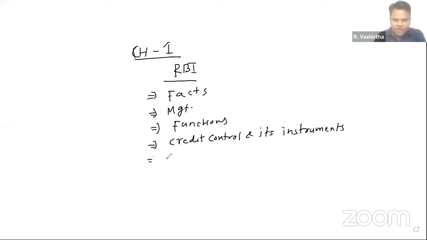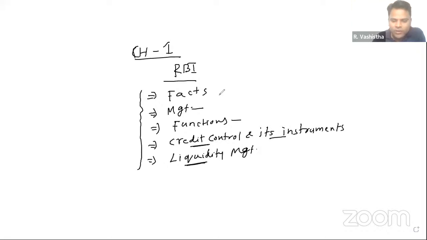And at last, we'll discuss liquidity management conducted by the RBI. So these are the topics that we have to complete in this particular chapter. Some important facts relating to RBI, then management of RBI, then important functions of Reserve Bank of India, then the credit control conducted by RBI and what are the different instruments used for this purpose. And at last, we'll discuss liquidity management, right?